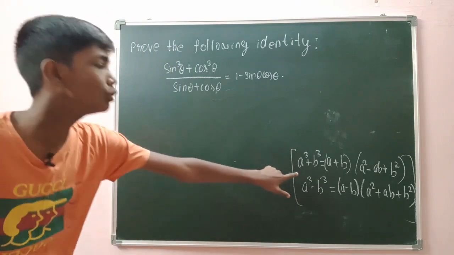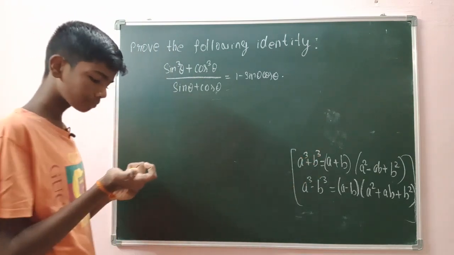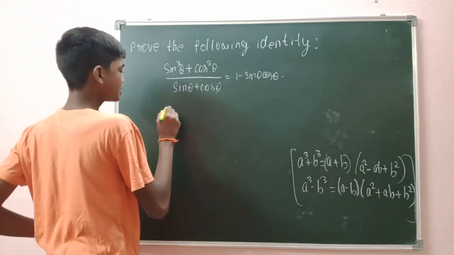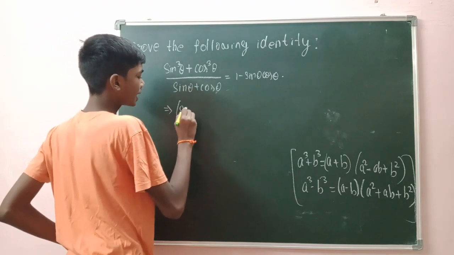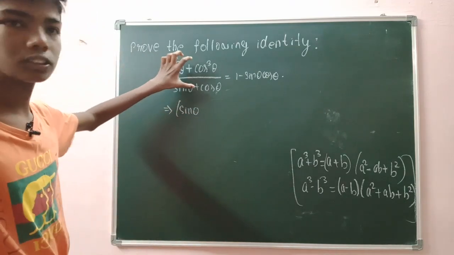So here I can use the a cube plus b cube identity where a is sin theta, b is cos theta. So I can write this as a plus b, that is sin theta plus cos theta. I'm just solving out your LHS. Okay.